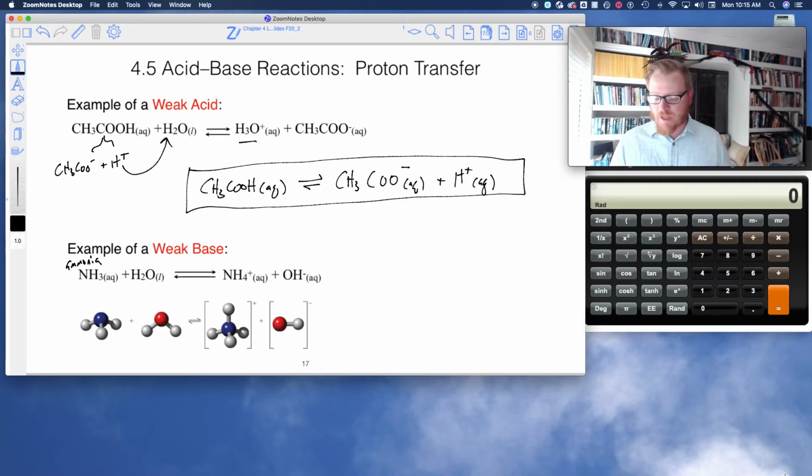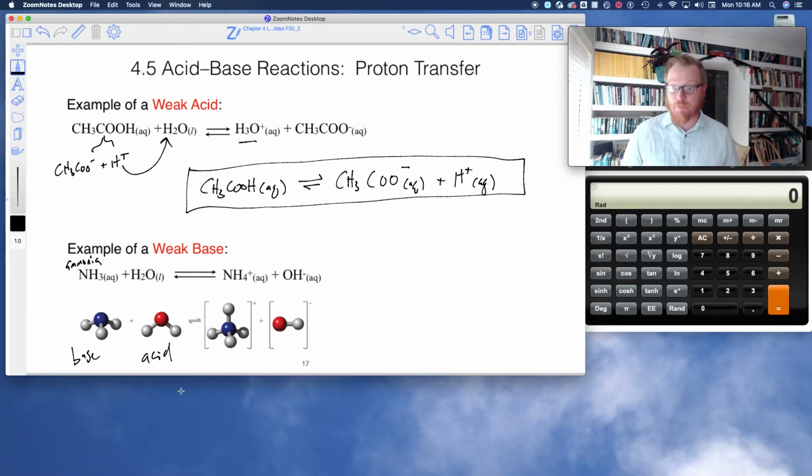If we remember what our definition of a base is, it's a proton acceptor. So now when we see ammonia reacting with water, in this case, ammonia is our base, and water is our acid.